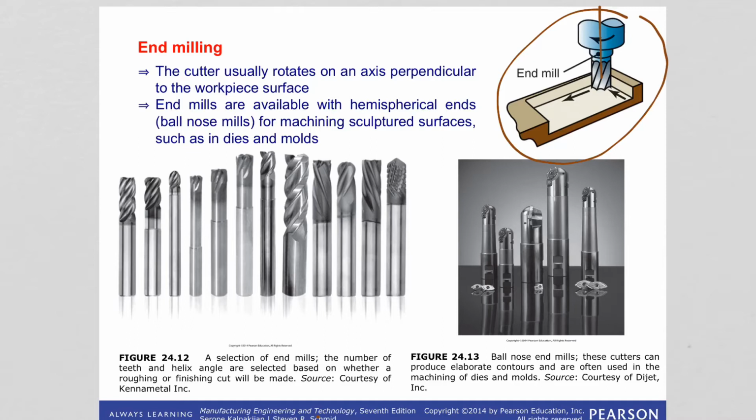The cutter here is called an end mill. End mills can be made of high-speed steels, carbide, or with coated or uncoated carbide inserts, similar to those we have seen in face milling.